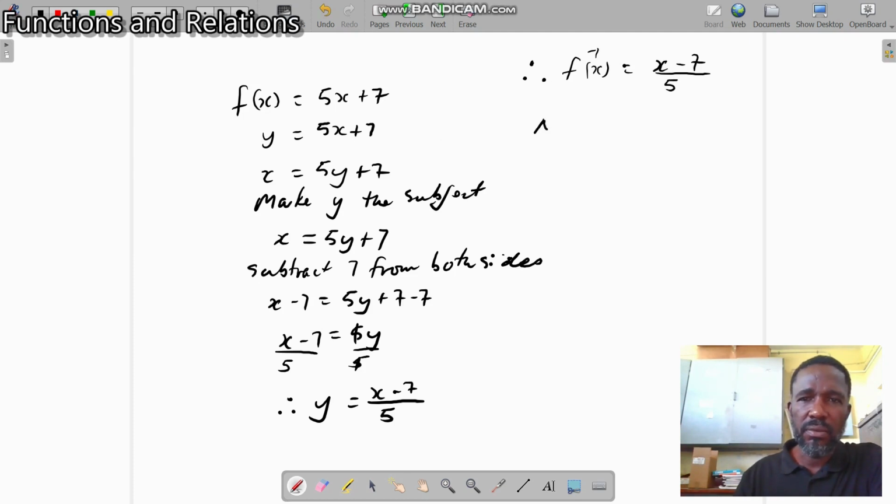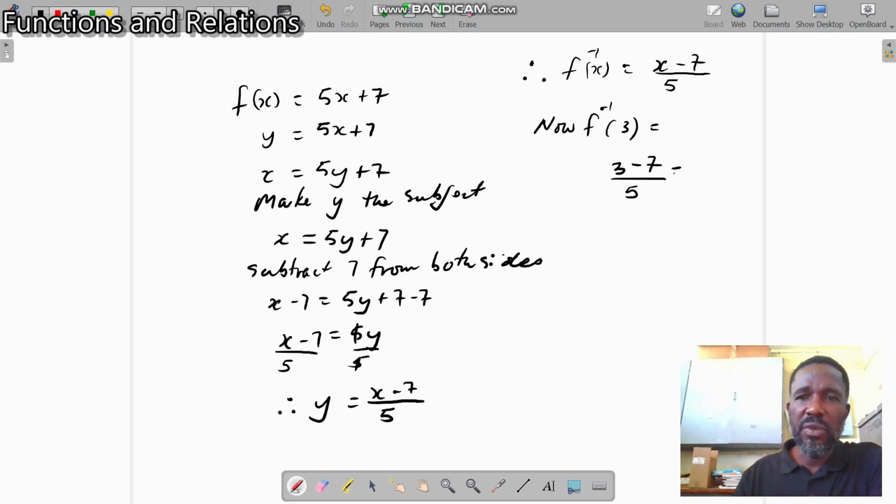Now, f inverse of -3 would mean that everywhere I see x in the inverse of f, I'm going to replace it with -3. So here we would have -3 minus 7 divided by 5.